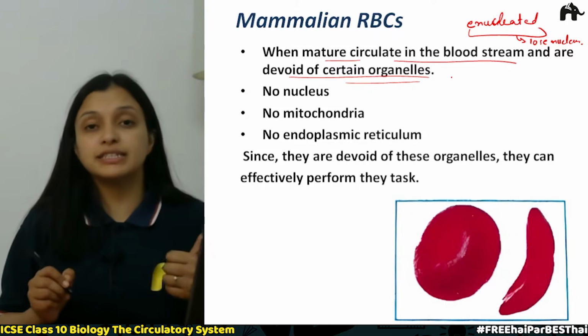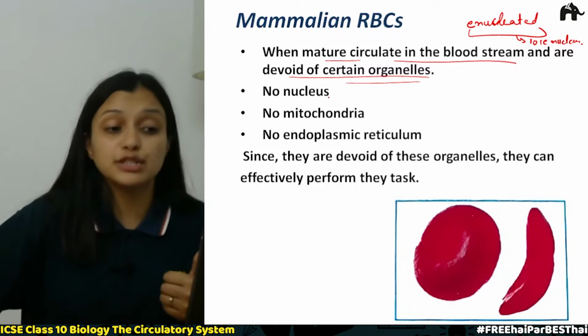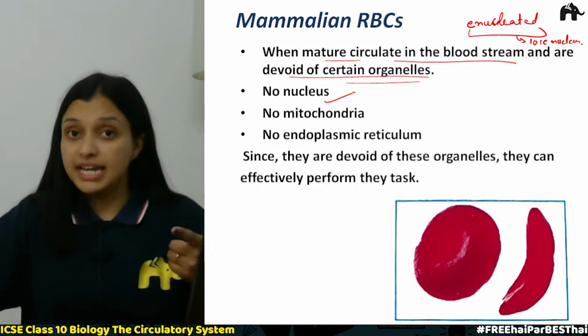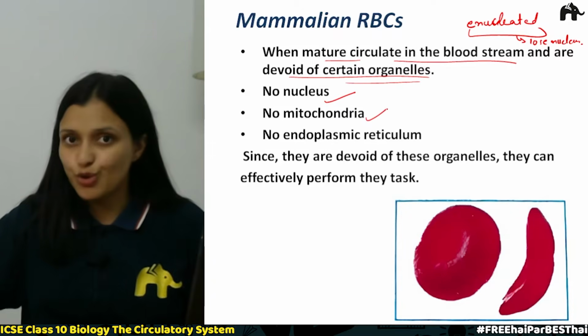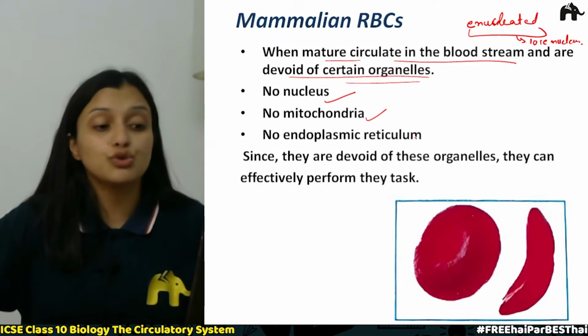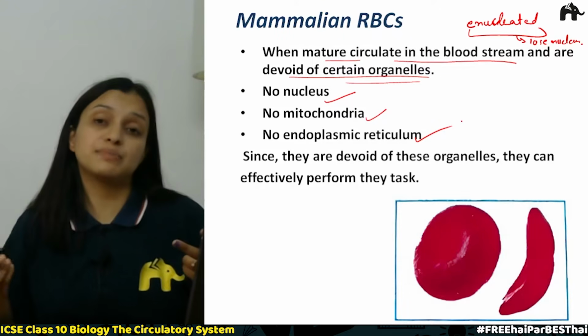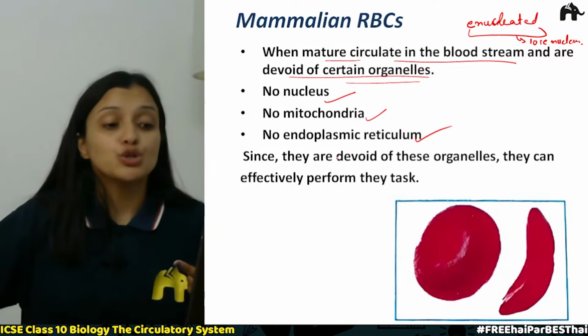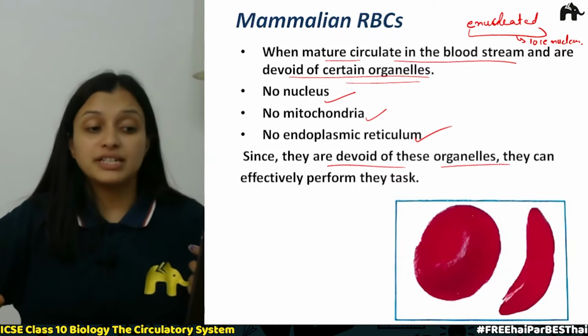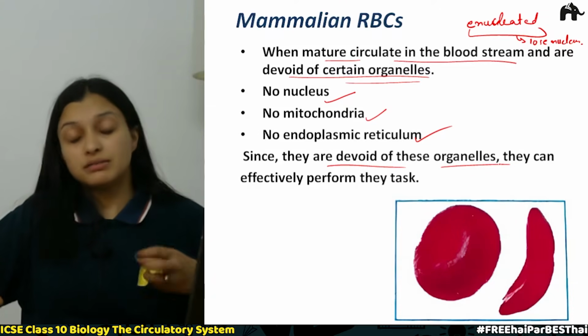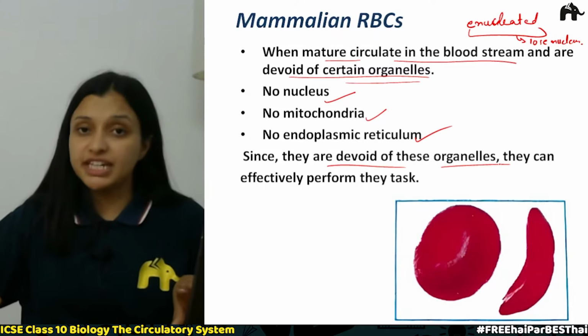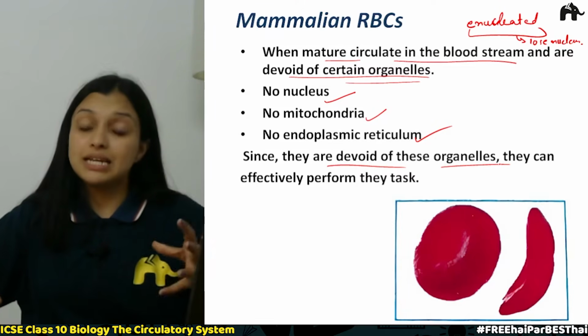The first, which we have already studied, is that they do not have any nucleus. Secondly, they do not have any mitochondria. And thirdly, they do not have any endoplasmic reticulum.